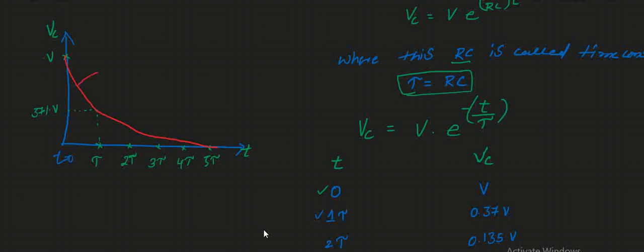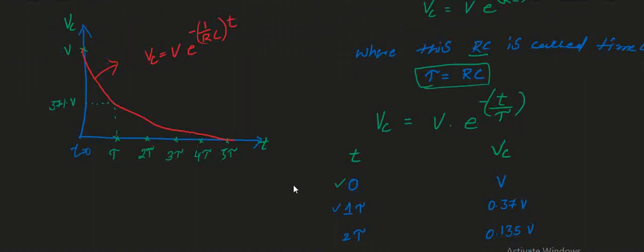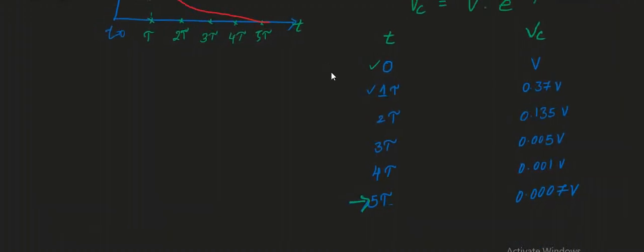So what is the equation for this graph? Vc is equal to V into e power minus 1 by Rc into T. The time it takes to decrease depends upon your tau. The capacitor is discharging exponentially.